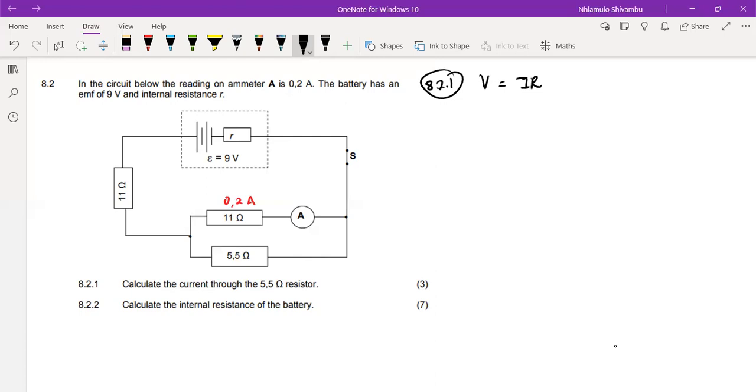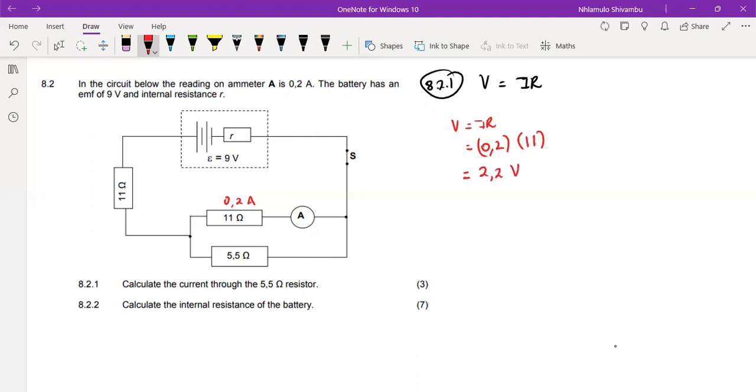So we get the voltage of the 11 ohm resistor using V equals IR. The current in the 11 ohm resistor is 0.2 and the resistance is 11, and that gives us the voltage across that resistor: 2.2 volts.